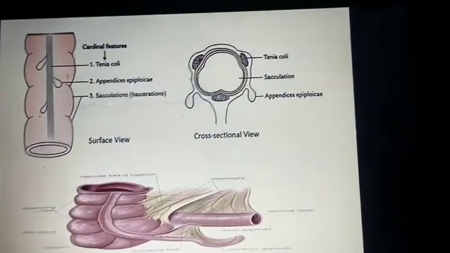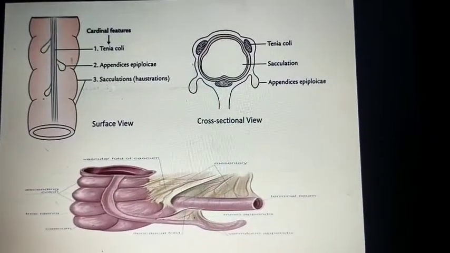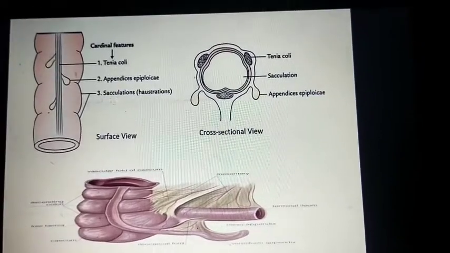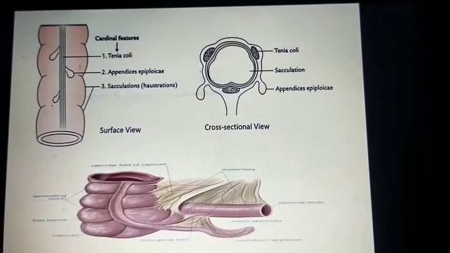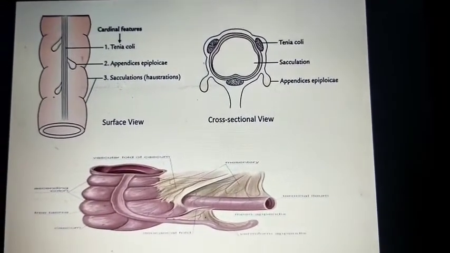When you compare the external features of the large intestine and small intestine, the large intestine has Taenia coli, appendices epiploicae and saculations or haustration.